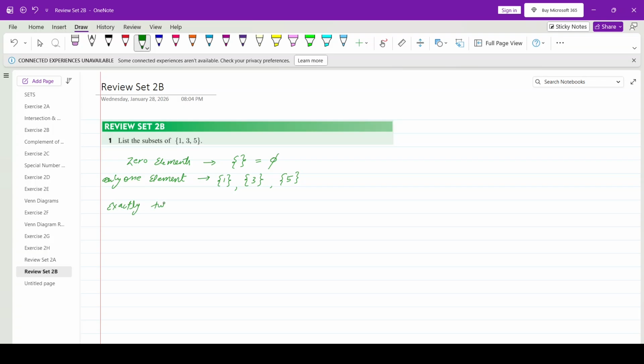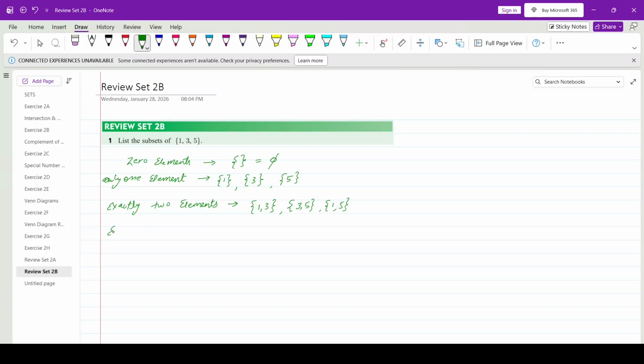So that is going to be 1 and 3, 3 and 5, and 1 and 5.